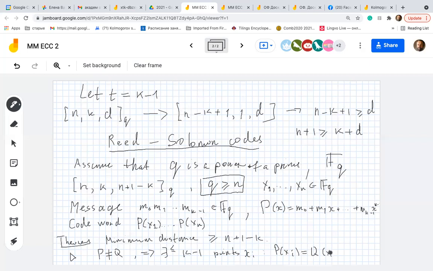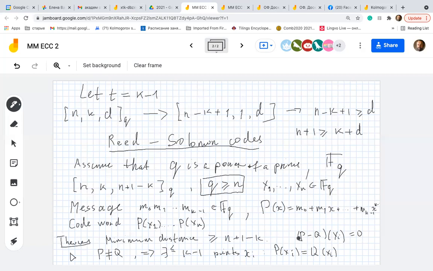But what does it mean that P of xi equals Q of xi? The reformulation of this is that the difference of those polynomials, P minus Q, has xi as a root. So P minus Q is a non-zero polynomial of degree at most k minus 1, because both polynomials P and Q have degree at most k minus 1.